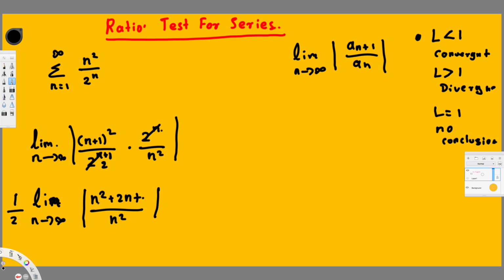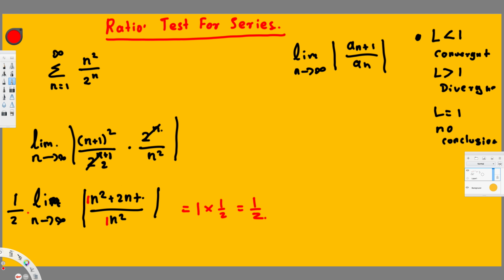The numerator and denominator have the same power, so the ratio of the coefficients is the limit. This is the same as 1 n square, so the ratio is 1 over 1. It only works if you have the same power. So the limit is just 1, and 1 multiplied by half is half.